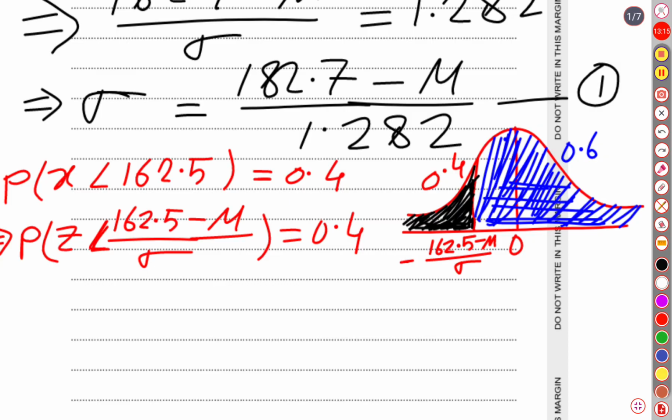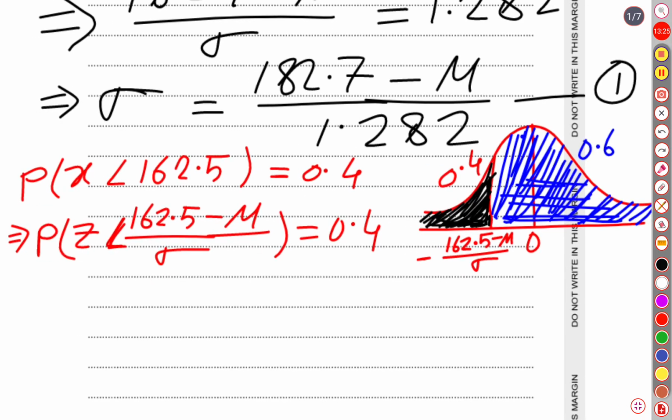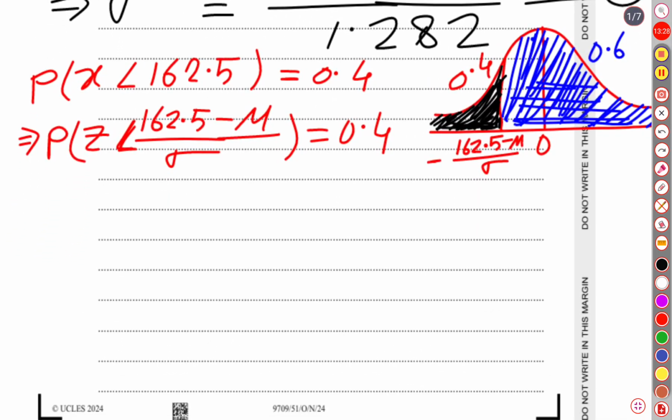But our z score is over here, and one thing is very sure: our z score is negative, because it is lying on the left side of 0. Hence we can write the probability of z less than negative something.